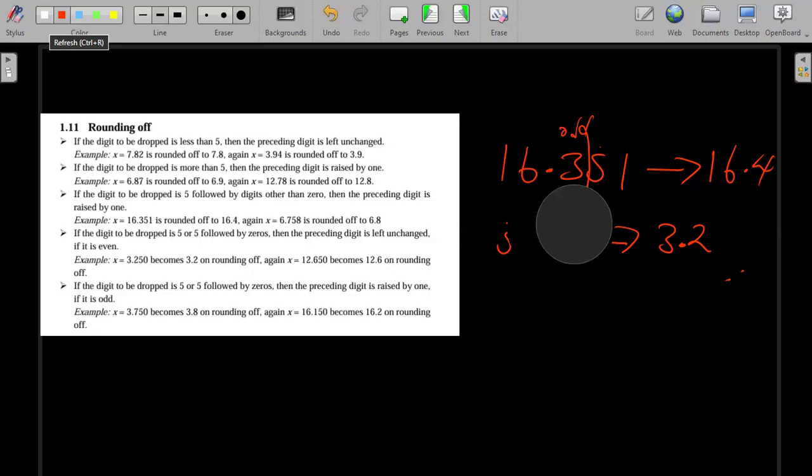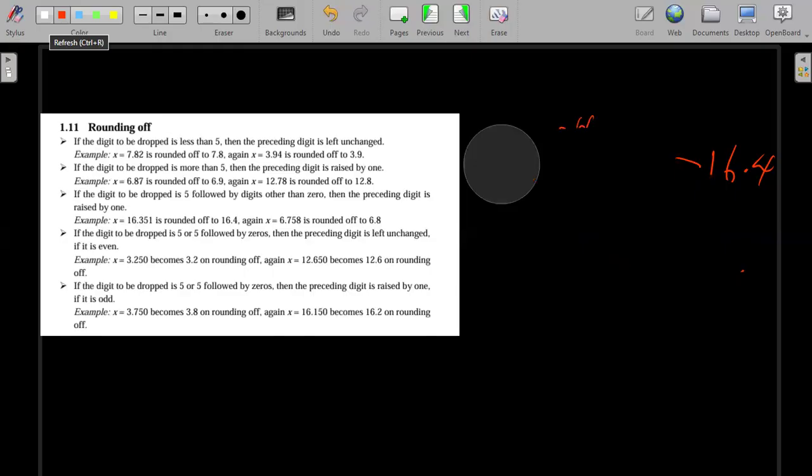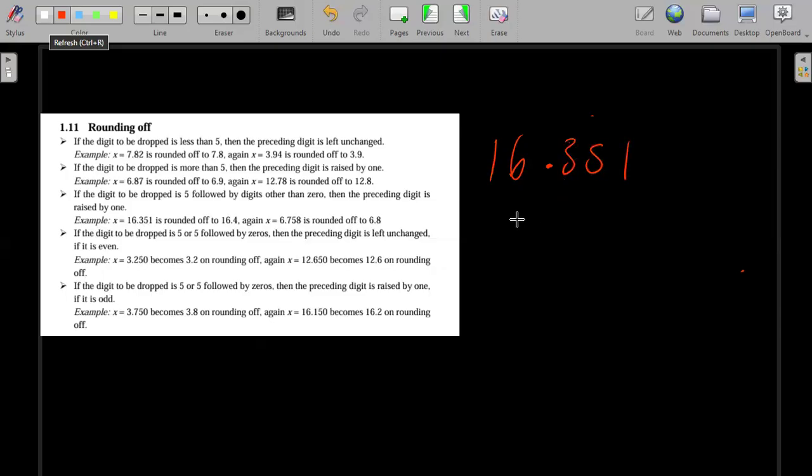So now, what happens? Let's say we have a number. We also have to consider, let's say we have 16.351. And also, let's have the same one, 3.250.